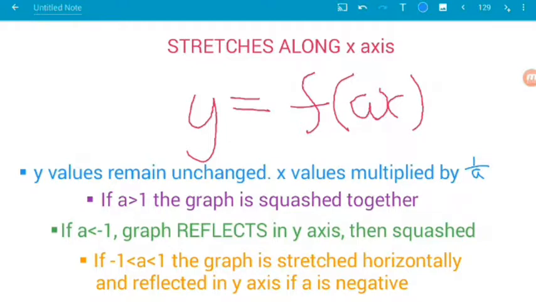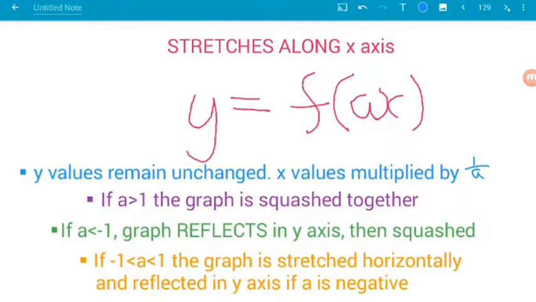So instead of when we were transforming the whole function, where y values were multiplied by a, when we're dealing with x, if we have f of a x, x values are multiplied by 1 over a. So as always with x, it's a bit counterintuitive.